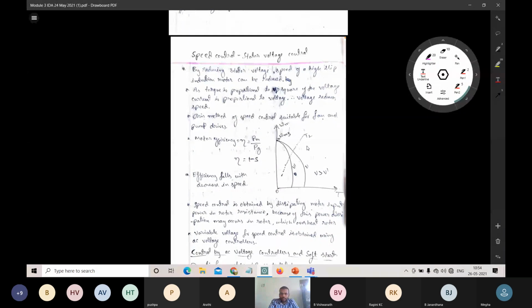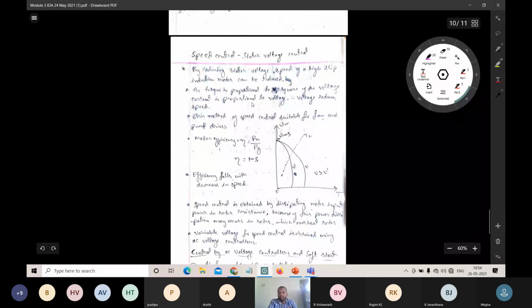Similarly, I will be directly proportional to voltage. Because of this, whenever the voltage reduces, the speed reduces. Since the torque is directly proportional to the square of the voltage, whenever the torque increases, the voltage changes accordingly.